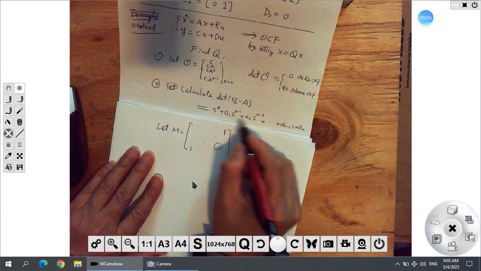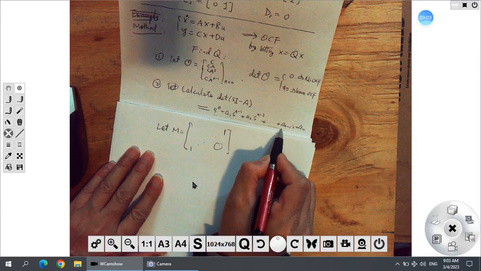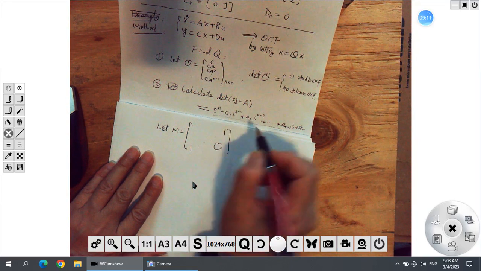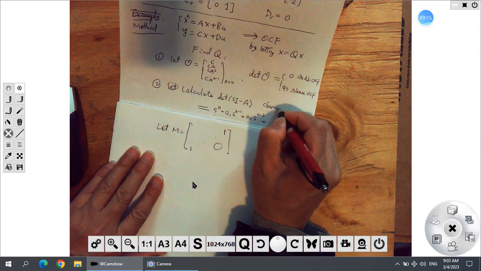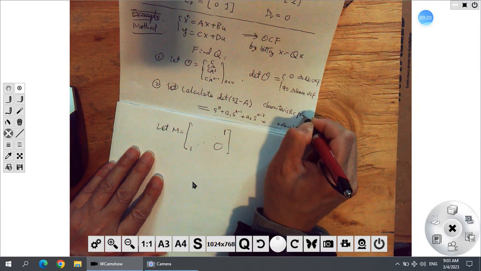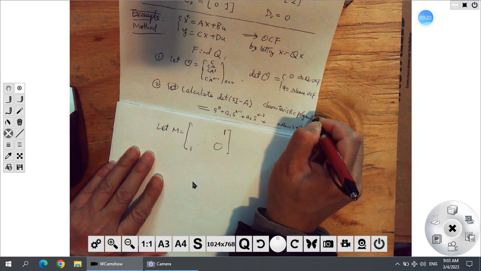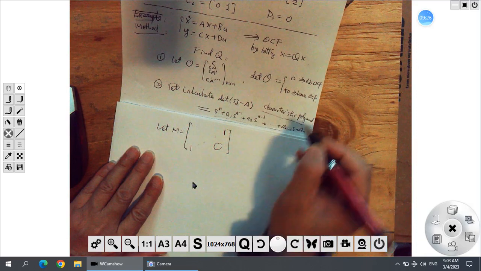The first row is coming from the coefficients of this. Actually, this is a characteristic polynomial, right?